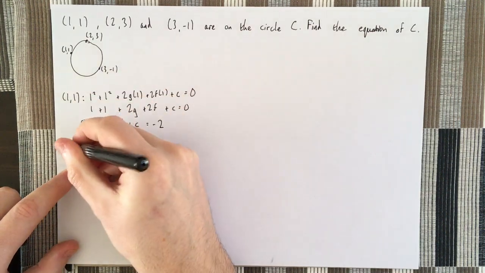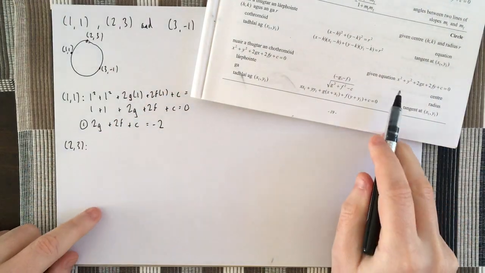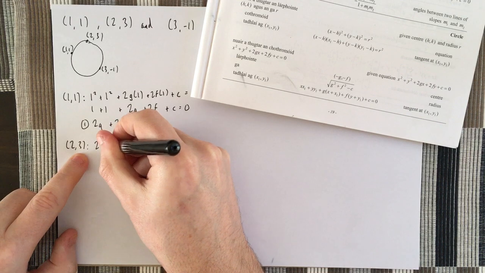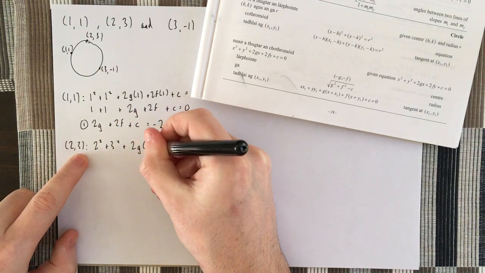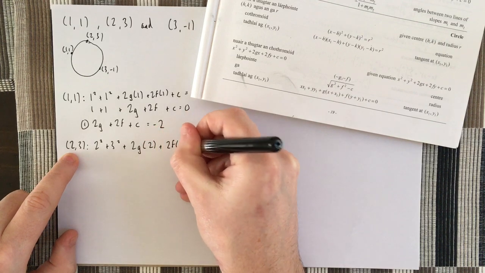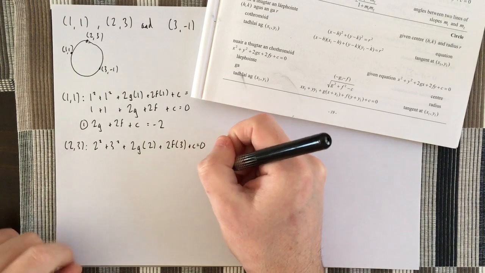I'm going to sub (2, 3) in again to the g, f, and c equation. So it is x squared plus y squared, so that is 2 squared plus 3 squared plus 2g times x, which is 2, plus 2f, y is 3, plus c equals 0.